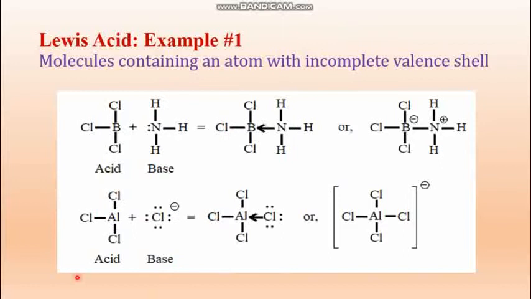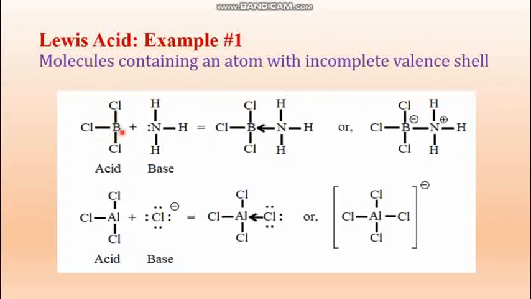In the first example of Lewis acids, the molecules should contain an atom which has an incomplete valence shell. Here we have two examples of Lewis acids: first, boron trichloride, and secondly, aluminum trichloride. Boron trichloride has 6 electrons in its valence shell.